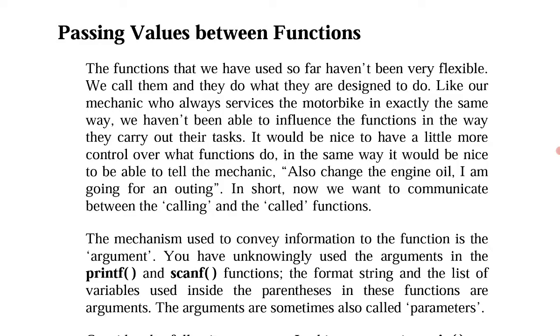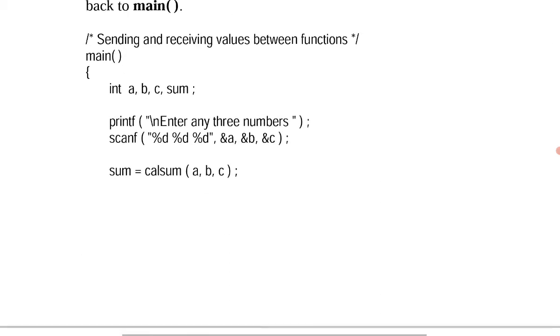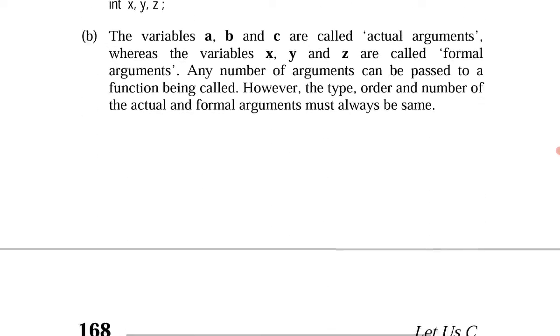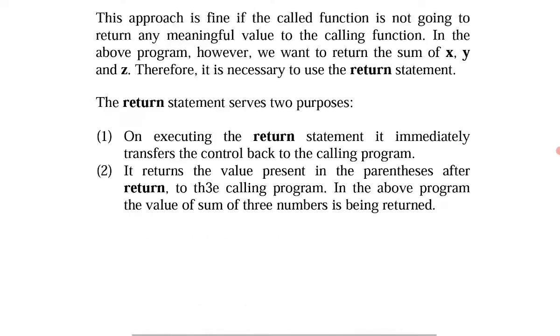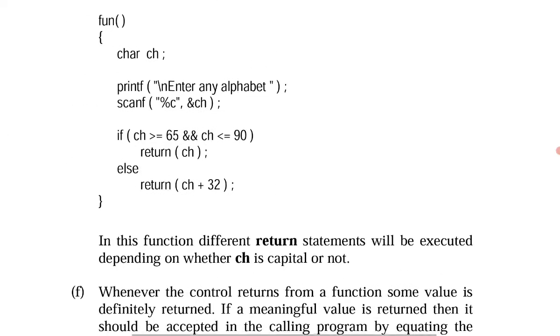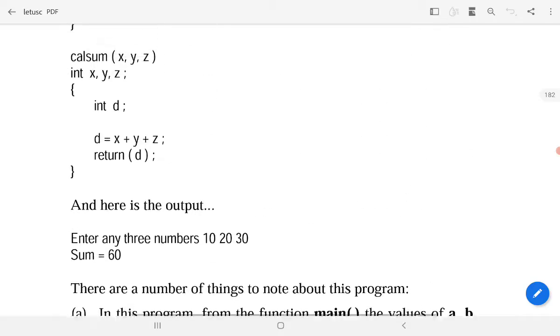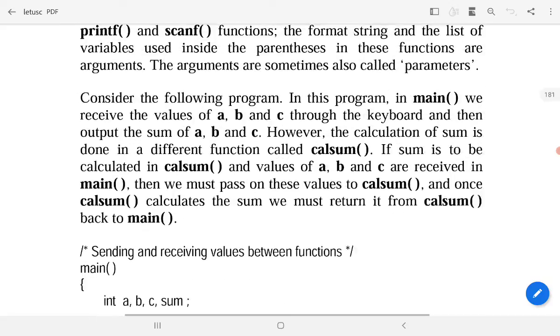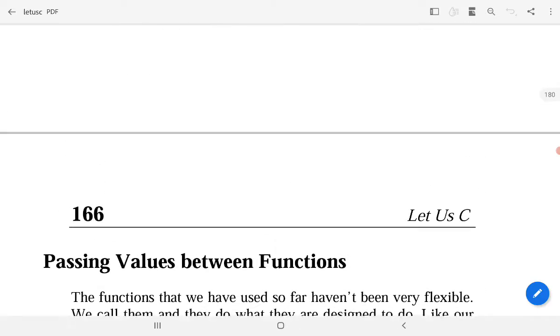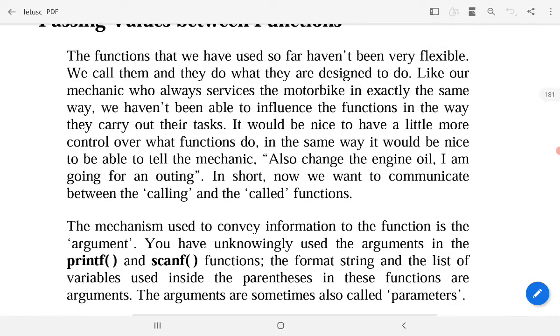So what are the different parts or components of a function in C language? Every function in C language has some properties or elements.